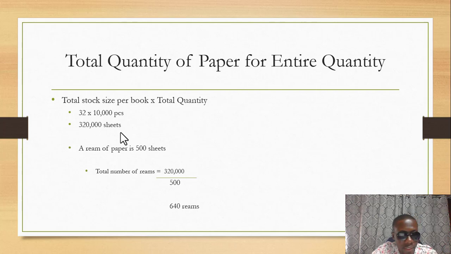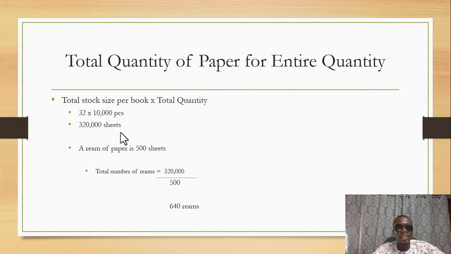However, within our sub-region, and across the world, papers are sold in reams or packets. So the grammage we are using is 80 GSM, which comes in a ream. A ream of paper is 500 sheets.